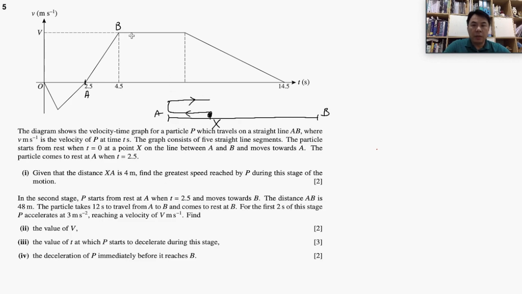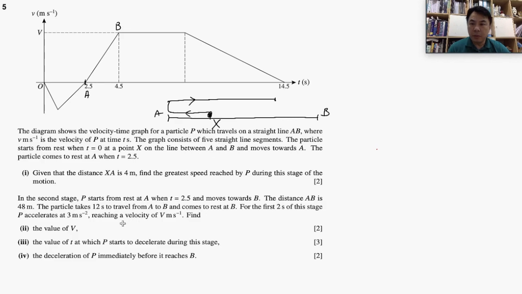And then after that, it will maintain a constant velocity. And then finally, it would decelerate until it reaches its destination at t equal to 14.5 seconds. Okay, so generally that's how it looks like.